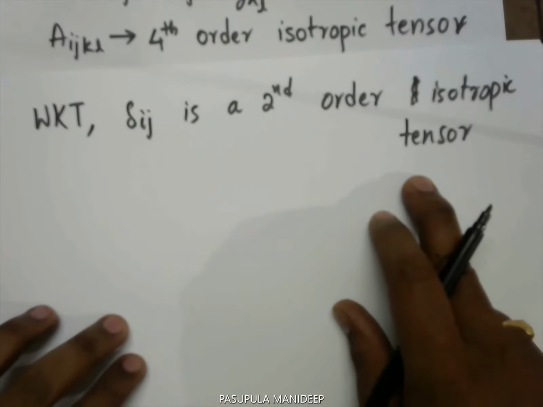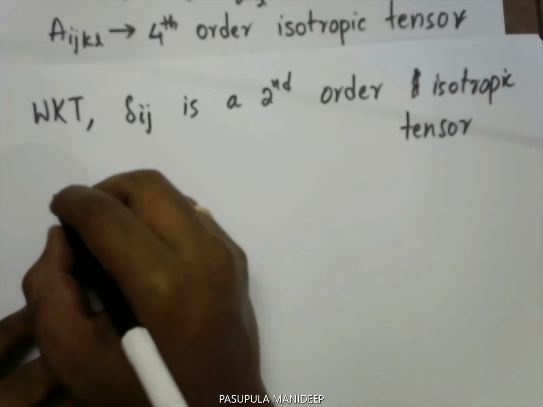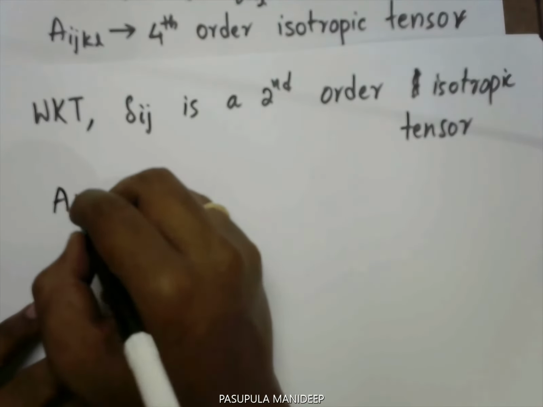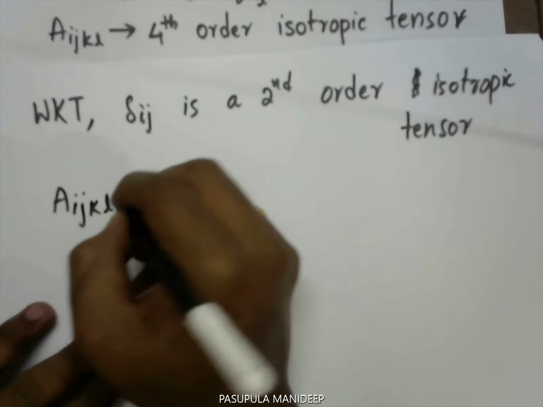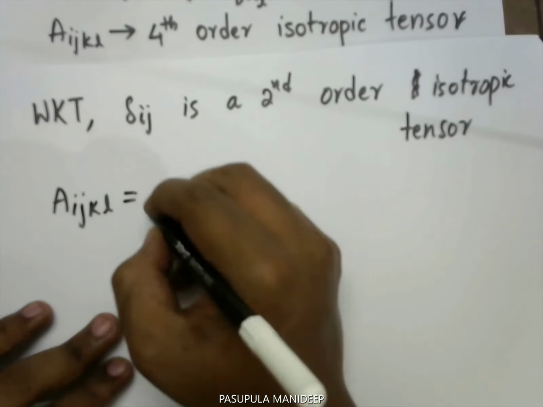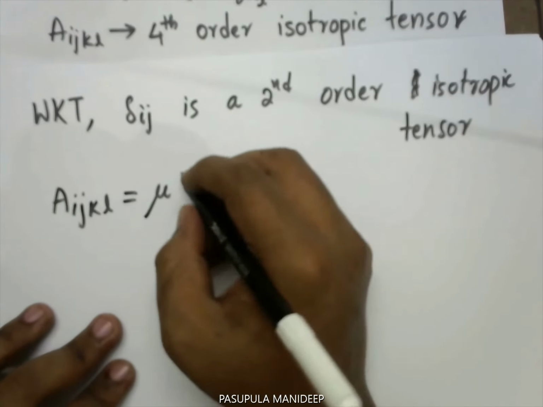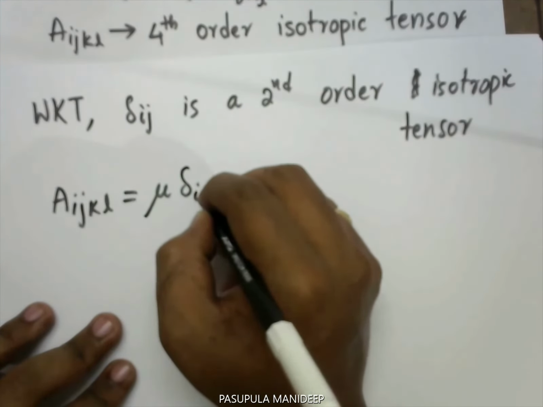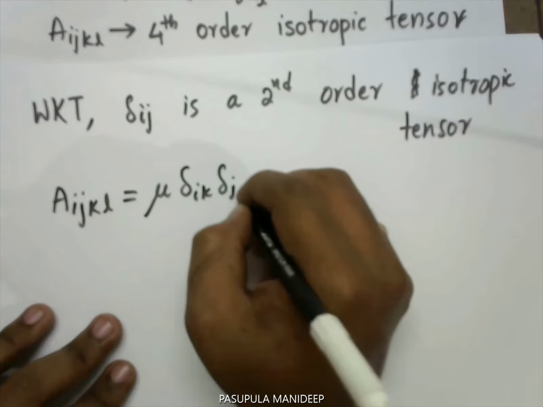Okay, so we can form an equation as A_ijkl equal to mu into delta_ik into delta_jl.